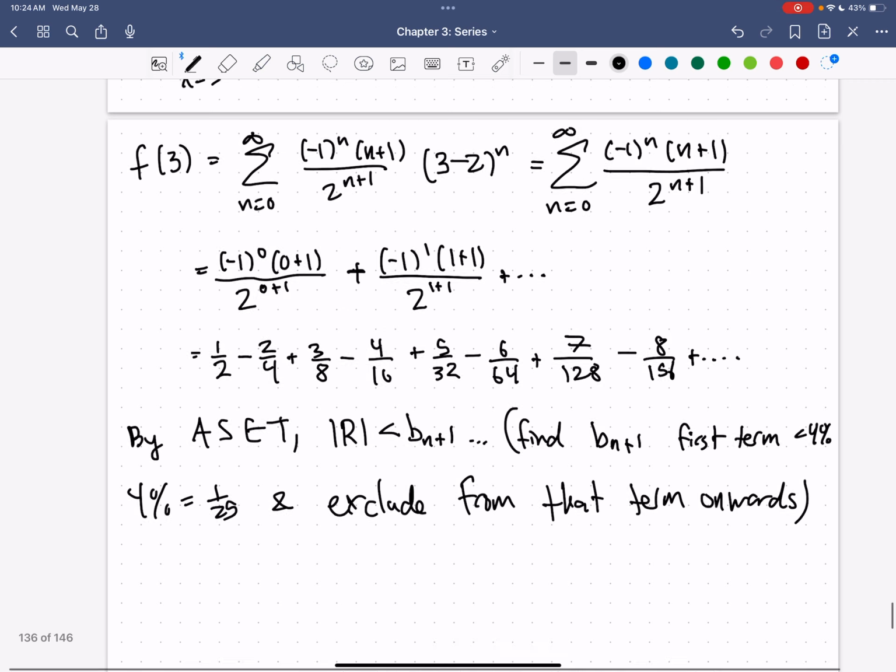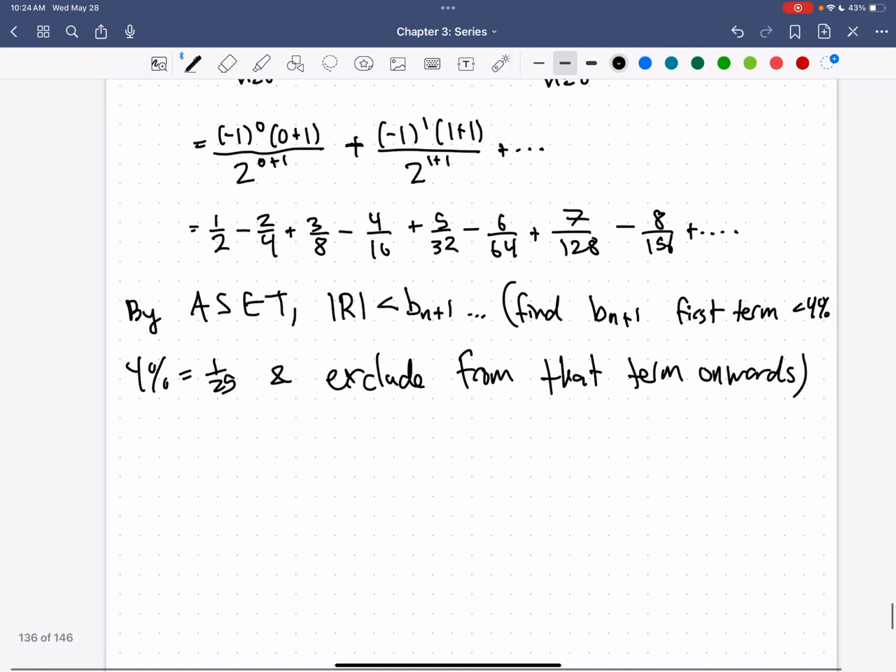So looking at what we've got here, let's see. So 1 over 25. If we compare 7 over 128, that's going to be slightly larger than 7 over 140, which is equal to 5%, because that's 1 over 20.